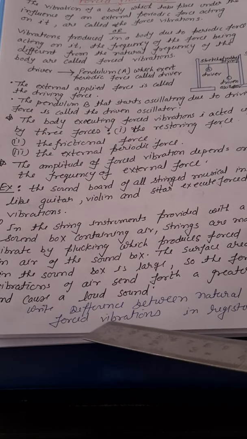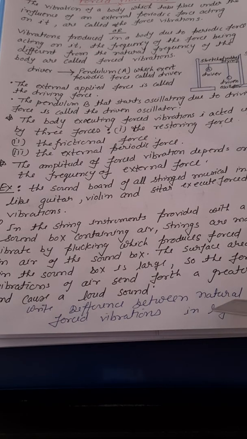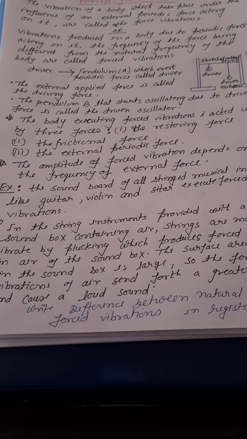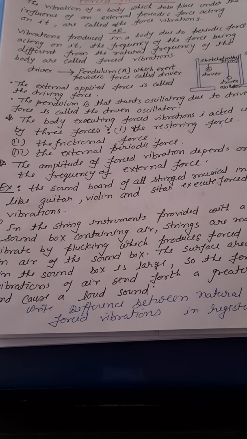Right? Now, the difference between natural and forced vibrations. It is given in your book, and you can just read, write and learn. I am just repeating what is there. First point is the vibration. If we talk about natural vibrations, the definition is the vibrations of a body in the absence of any external force, but forced vibration is the vibrations of a body which take place under the influence of an external force.